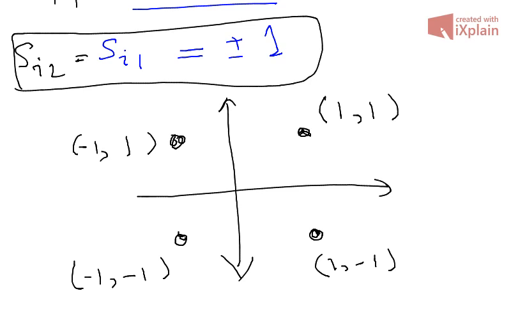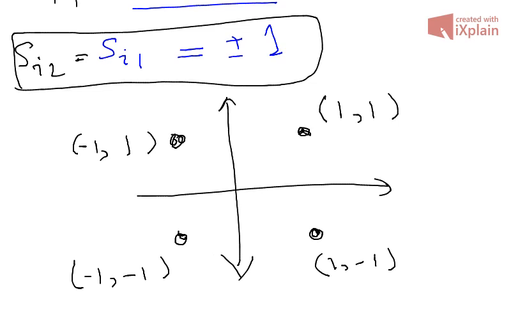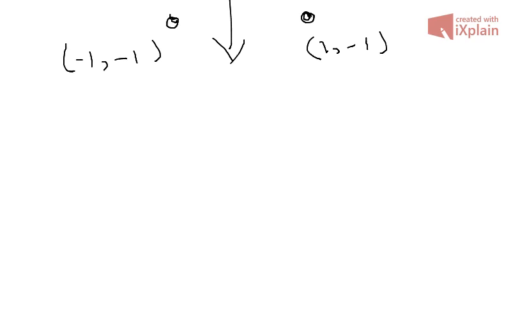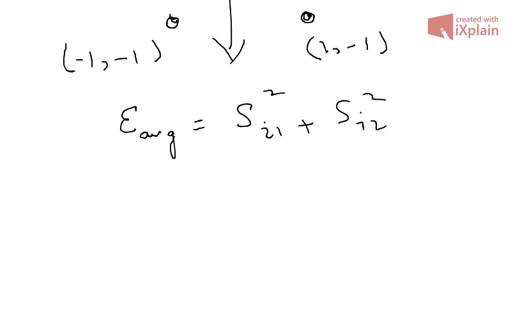Now if these are the 4 signal points and you are familiar with your identity, the energy of the signal, as we said above, can also be computed as psi1 square plus psi2 square.